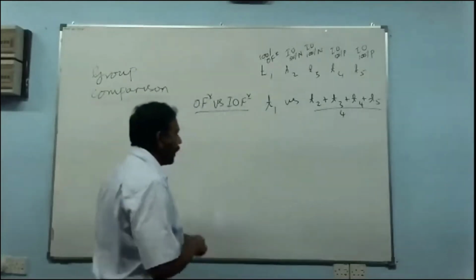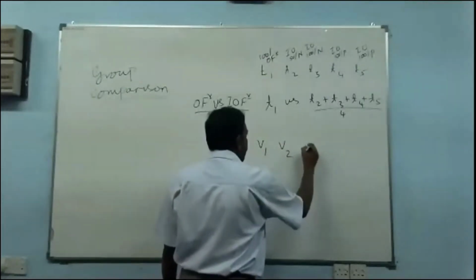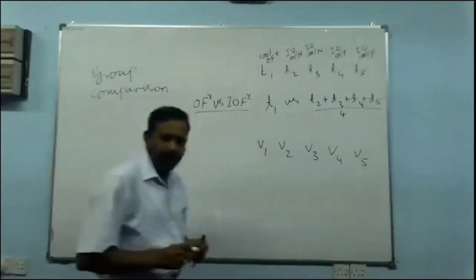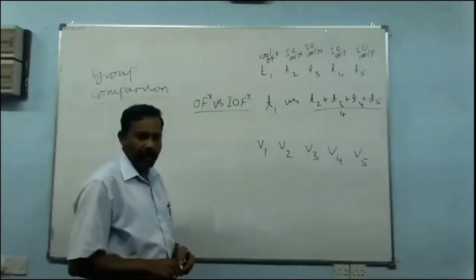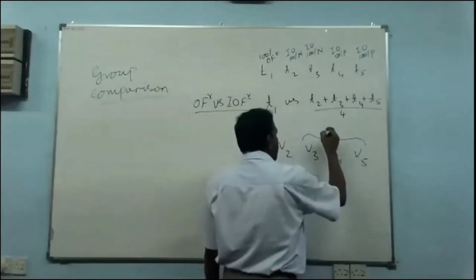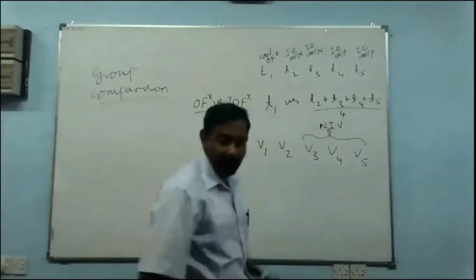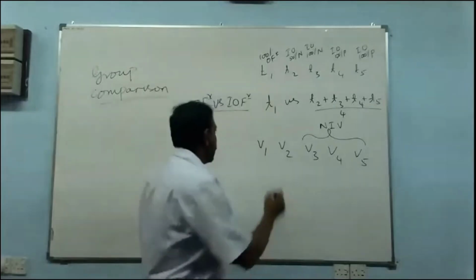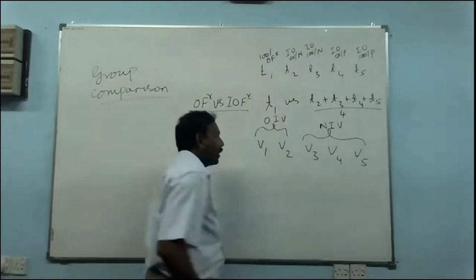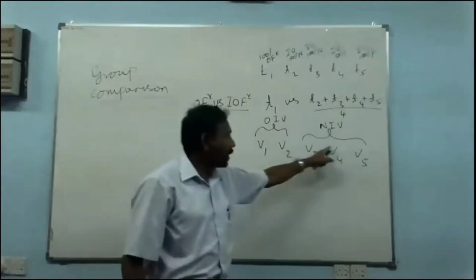Let's take another example. I take 5 paddy varieties: V1, V2, V3, V4, V5. Let's say these 3 are newly improved varieties, and these 2 are old improved varieties.